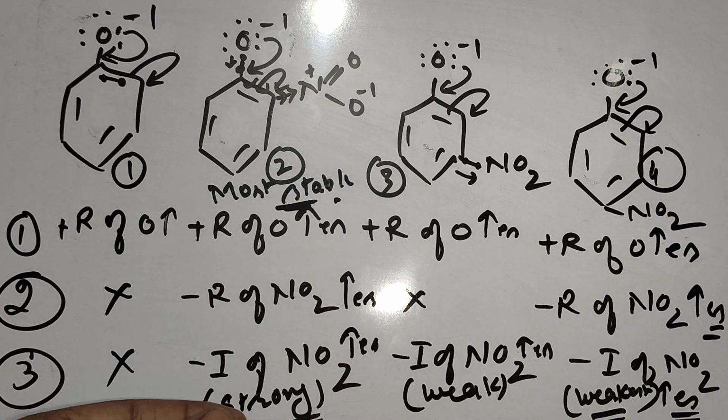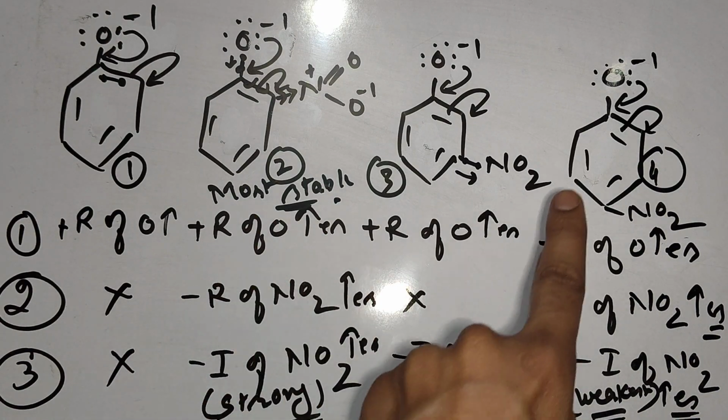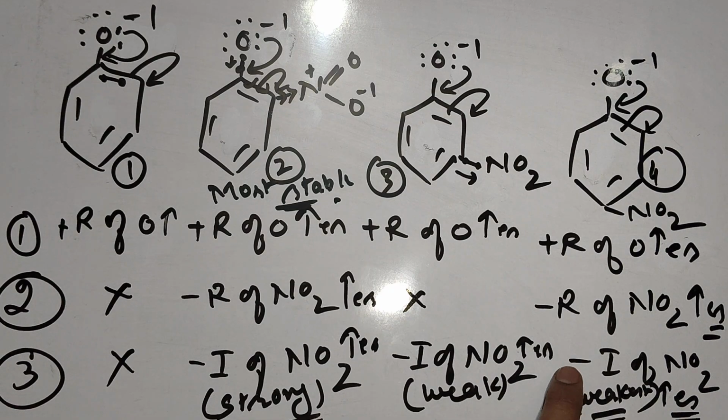These three factors are available in the para case also, but the para case is lagging behind only due to the minus I effect. Check. These two effects are similar, but the minus I effect is weakest here as compared to this one. It is a strong minus I effect and it is a weak minus I effect due to distance. That's why this group is lagging behind as compared to this in terms of stability.